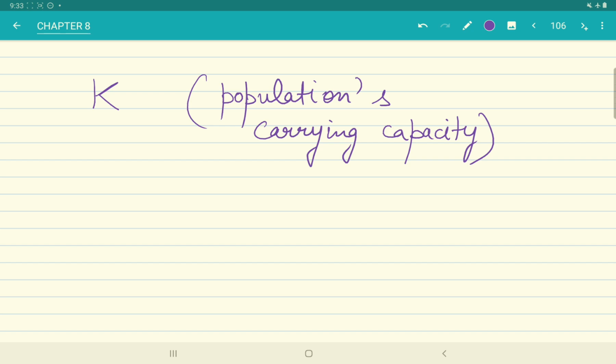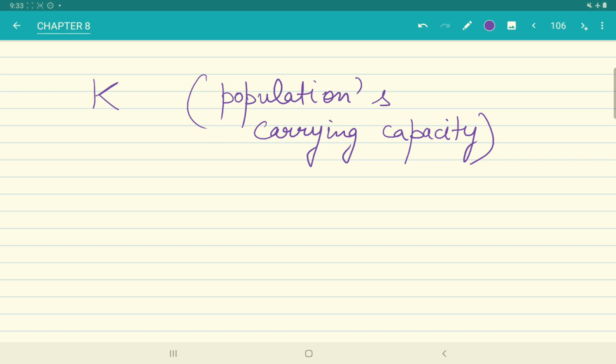And this is something which is understandable, because it's not the case that any population can keep on growing. There will be a time after which, when that population has reached its carrying capacity, that means the environment can no longer hold that population. After that, the population will actually start to decline.